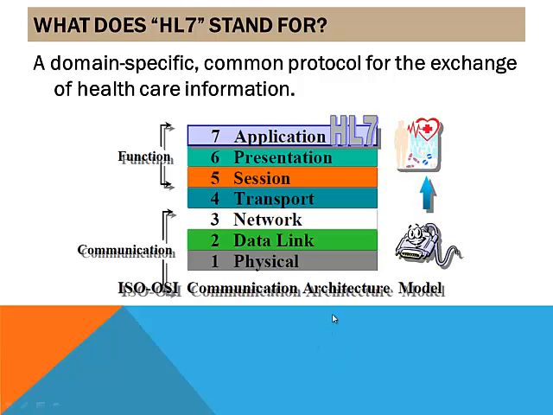We know in computer networks we have the OSI communication architecture model. This model has 7 layers from the bottom to the top. They are the physical layer, data link layer, network layer, transport layer, session layer, presentation layer, and the 7th layer is the application layer.